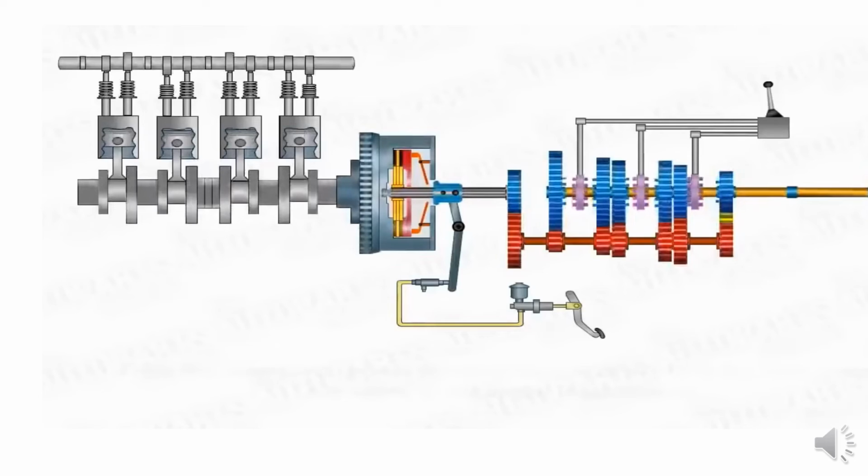The final power output from the gearbox is transmitted to the differential, all right? From the differential, the power is again transmitted to the rear wheel. This is the overall power transmission from engine to wheel, right?